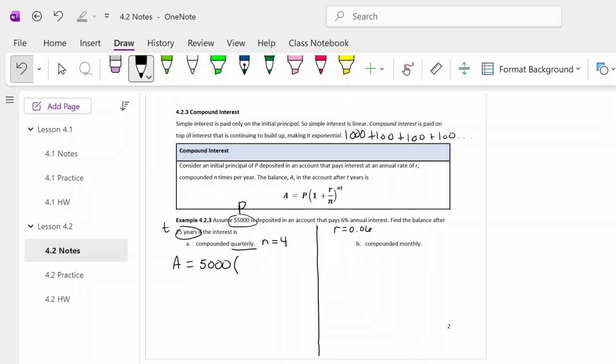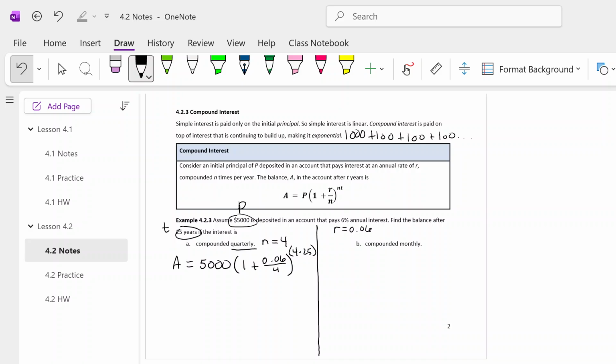We're going to do 5,000 times 1 plus, remember that if this is growing, our growth factor needs to be bigger than 1. So 1 represents all of your $5,000, and then we're tacking on 0.06 divided by that N value of 4. And then we're raising that to an exponent of our N value of 4 times our 25.